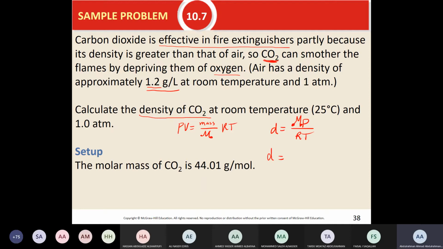What's the molar mass of CO2? 44.01. What's the pressure? 1 atmosphere. And what's the R? 0.0821. T? 298, plus 15.